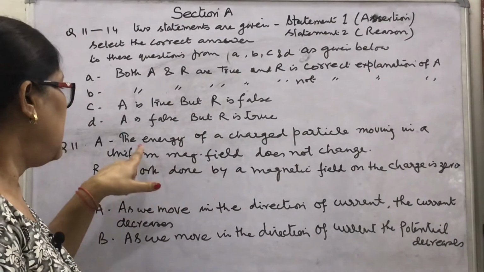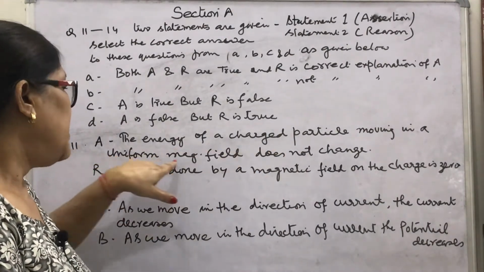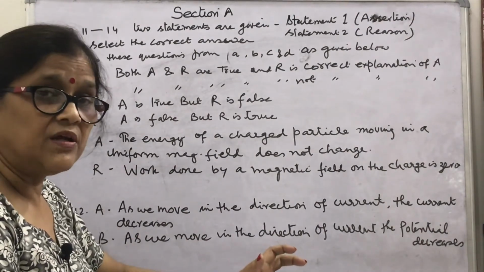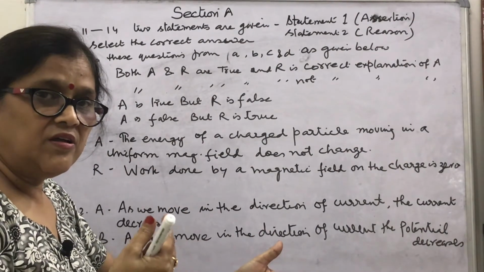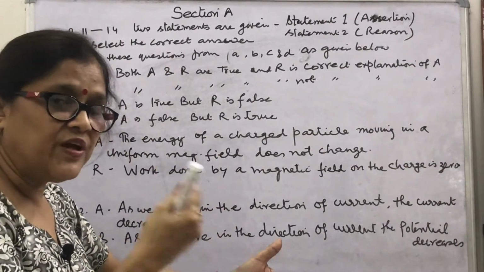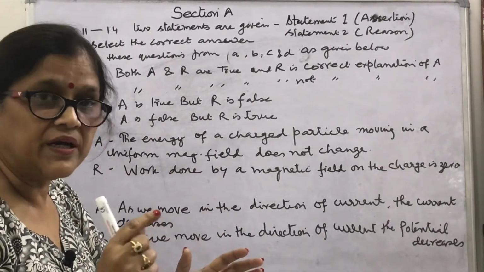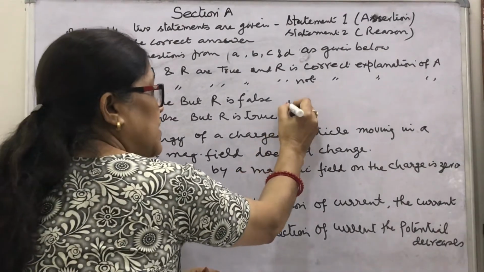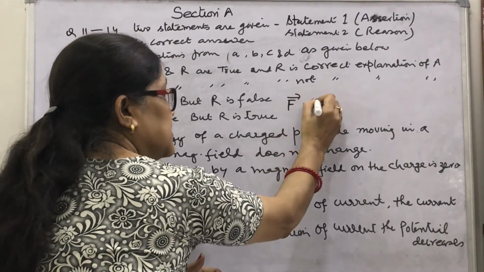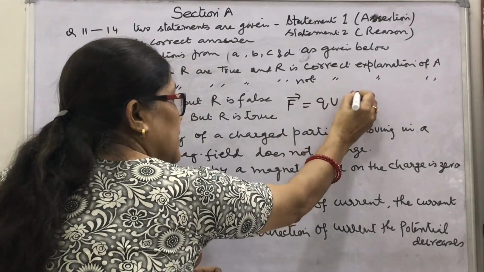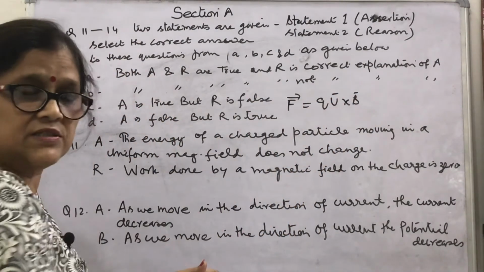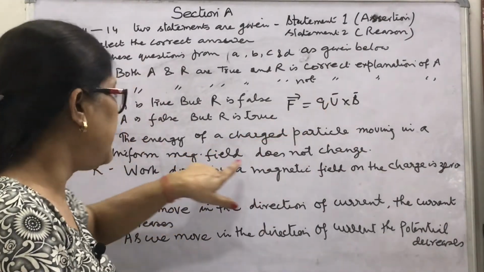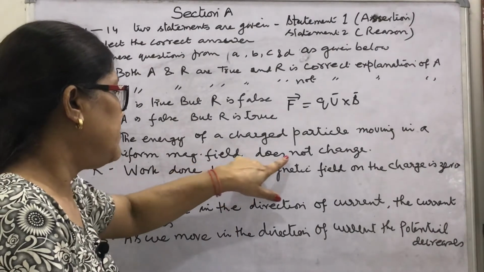What is the assertion? Energy of a charged particle moving in a uniform magnetic field doesn't change. What is your opinion? How will you decide? We have read cyclotron, we have read force on a moving charged particle in a magnetic field. What is the formula for force? The Lorentz force for a charged particle is q V cross B. Force is perpendicular to V and B. It is given that in a uniform magnetic field the energy doesn't change.